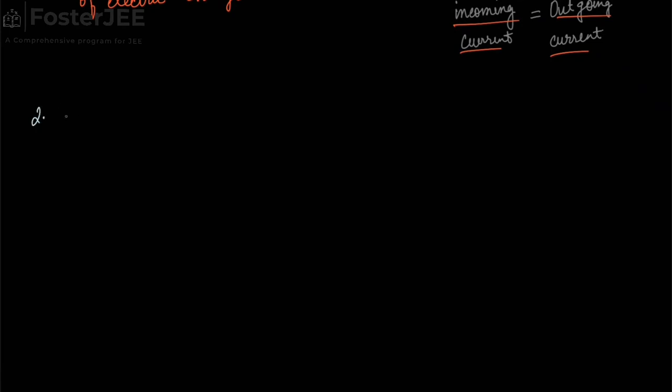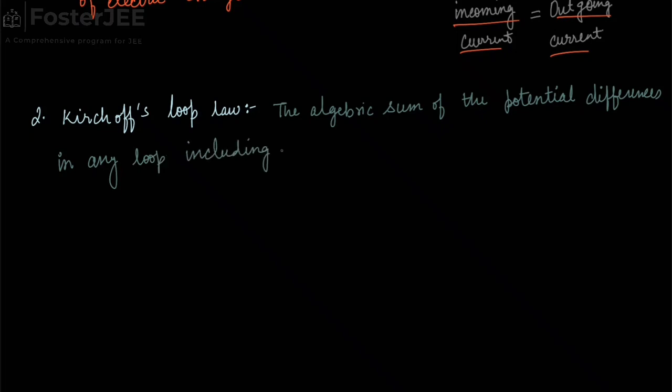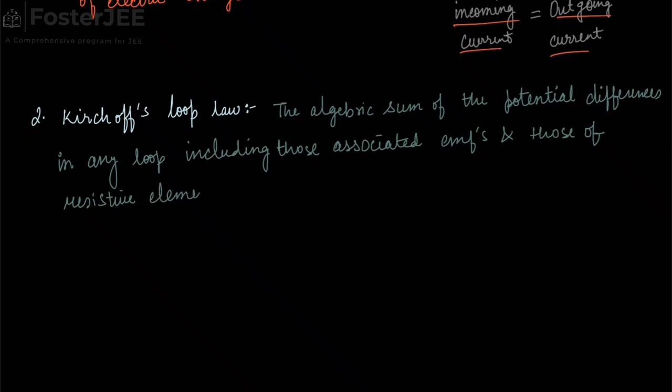Our second law is Kirchhoff's loop law. Its statement is given as: the algebraic sum of the potential differences in any loop, including those associated with EMFs and those of resistive elements, must equal 0.